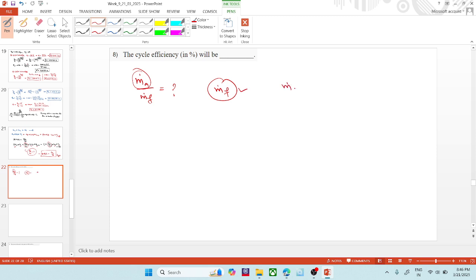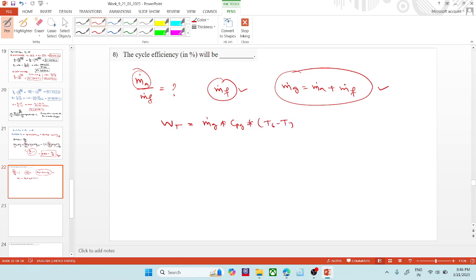Then m dot gas would be m dot a plus m dot f. This value we can also determine, and we are having all the temperatures. So Wt would be m dot g Cpg into T6 minus T7 dash.